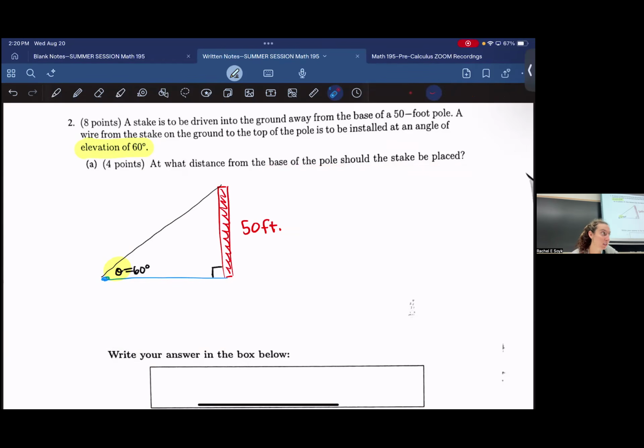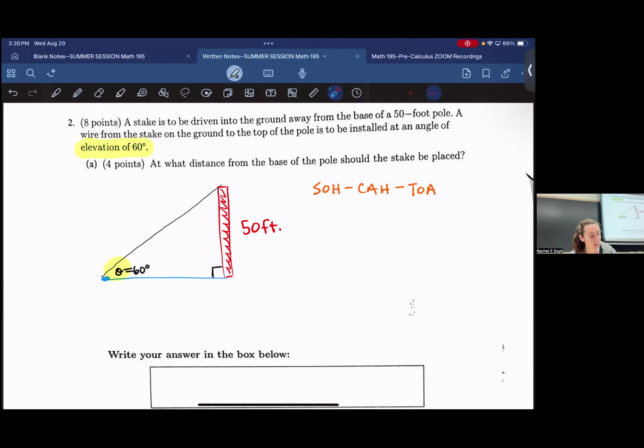Ooh, we're gonna have to use some trigonometry here. SOHCAHTOA, your acronym for sine, cosine, and your tangent functions, which are applied to right triangles.